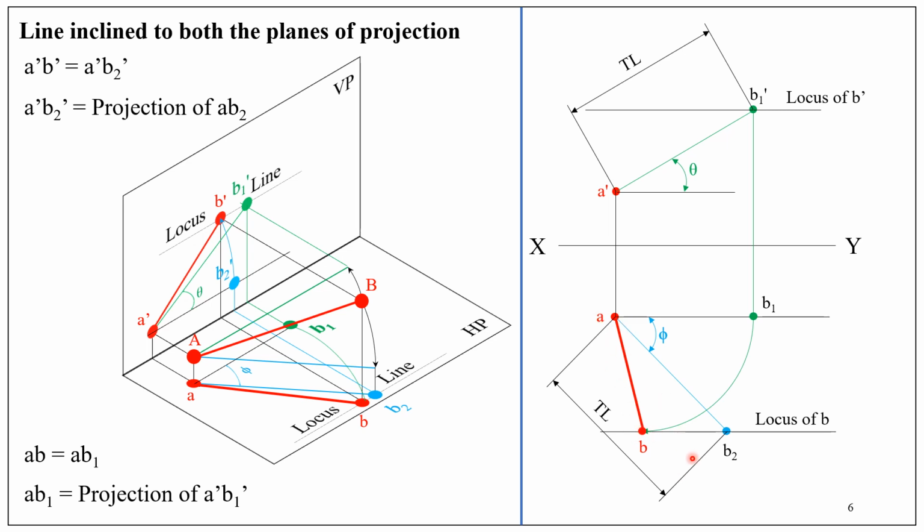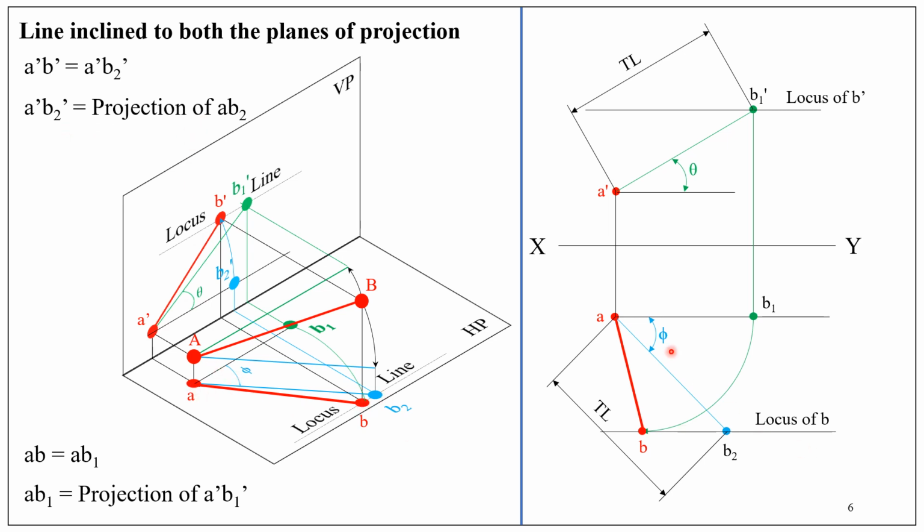What is left out? We need to locate point B dash. That means we need to draw A dash B dash, that is the front view. And this A dash B dash is equal to A dash B2 dash. So what is this A dash B2 dash? A dash B2 dash is projection of AB2. So where is AB2? It is the top view.